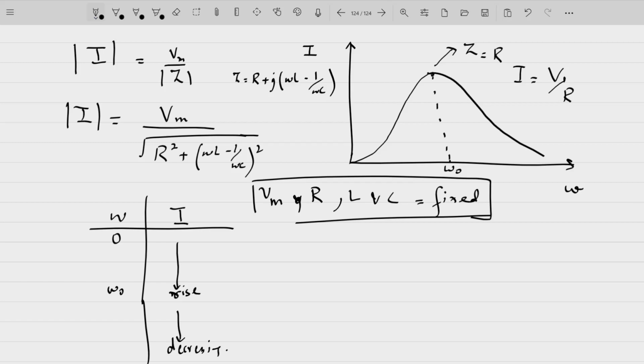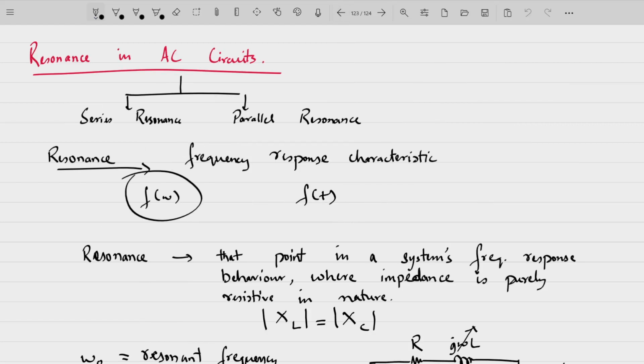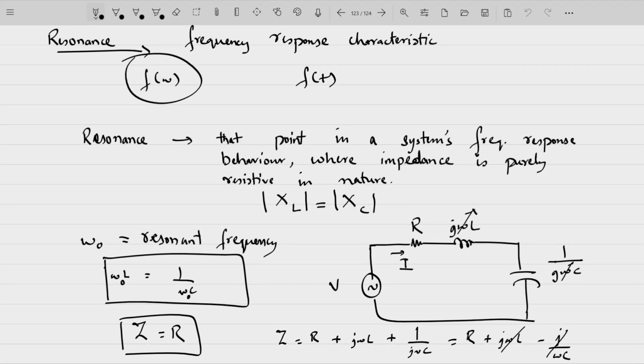This we have done particularly for a series RLC circuit, right? So for some other circuit it will take a different shape. It is not true for all circuits. It is only valid for a series RLC circuit. Current increases with increase in frequency, and at resonance it has the maximum value, and then it starts decreasing. So resonance can now also be defined for a series RLC circuit as that particular point where current has the maximum value.